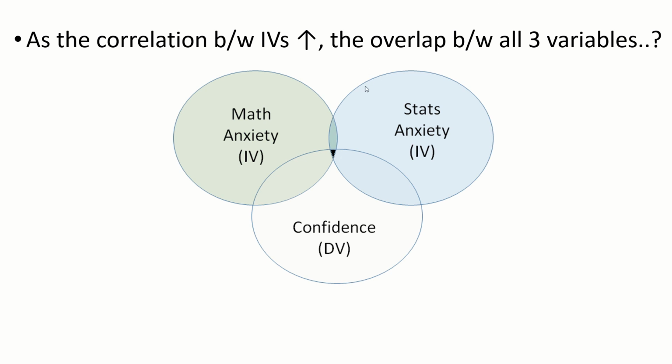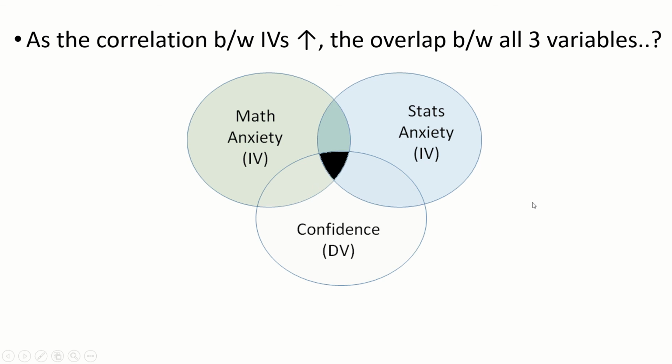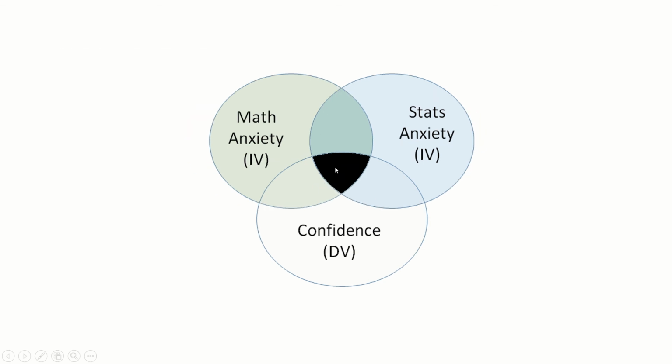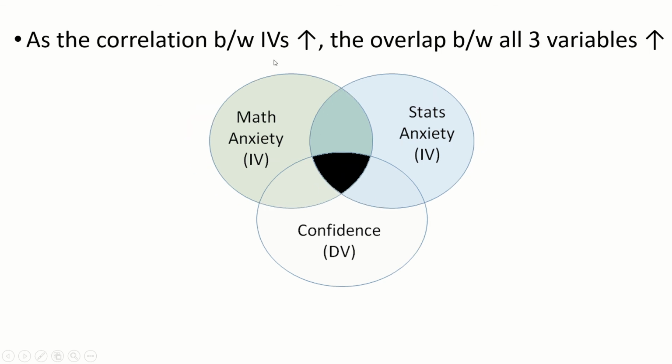But as math anxiety and stats anxiety are more related to each other, as the correlation between the IVs increases, the black shaded portion, the overlap between all three variables, is going to also increase.